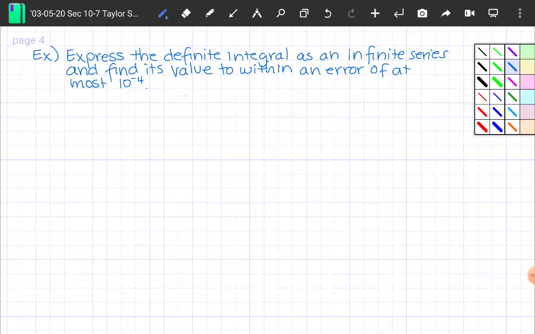And the integral is the integral from 0 to 1 of the inverse tangent of x squared dx.